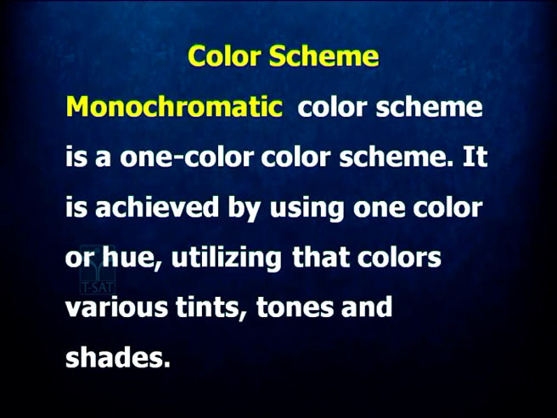Another is monochromatic color. Monochromatic color is by painting with one color. If you make a painting, if you make an image with one color, and as we have just seen, one color can have many variations. If you mix white, gray, or black, you get tints, shades and tones of one color.